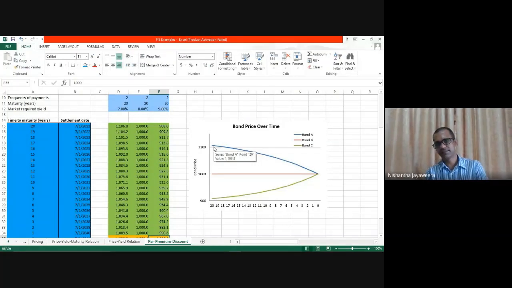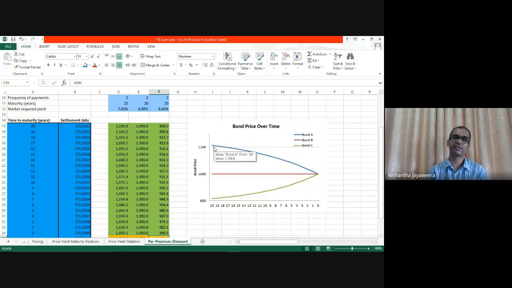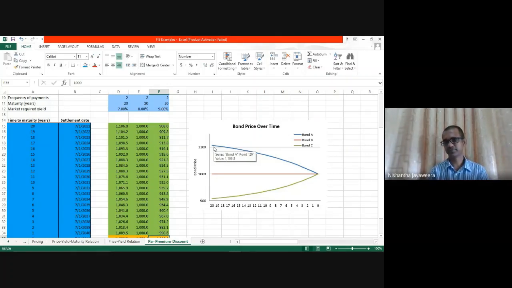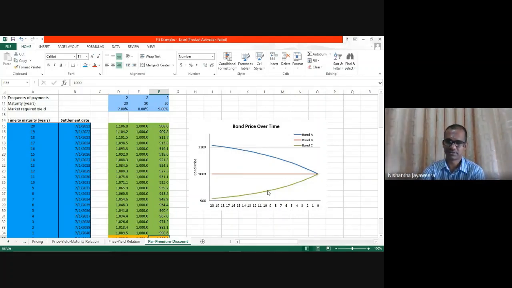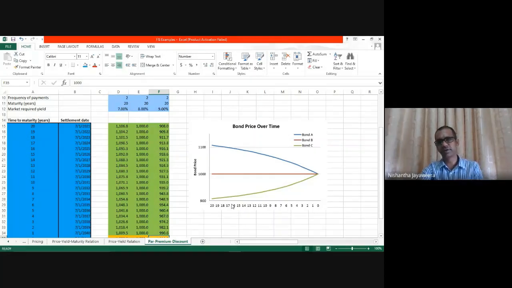So that's why, as the answer to one of the questions that you asked previously, whether you should buy it at a discount or a premium: if you buy it at a discount, at least you have some gain here. Even if the interest rate increases in the future, your interest will be invested at a higher rate.